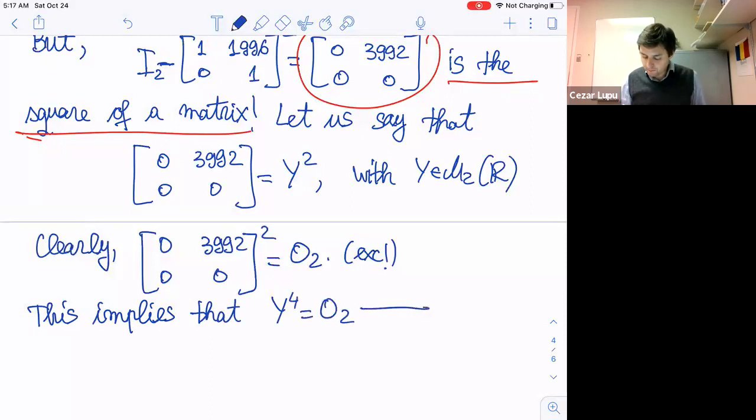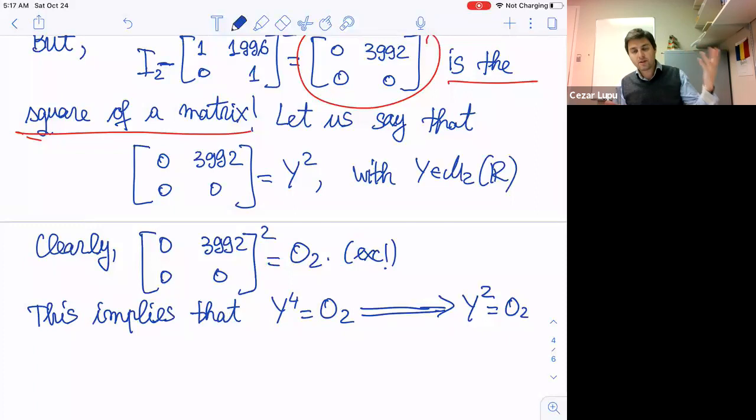But now, remember we did this problem: if I have a matrix which is nilpotent, then y squared is the null matrix. I think it was problem 1 in lecture 8, something like this.